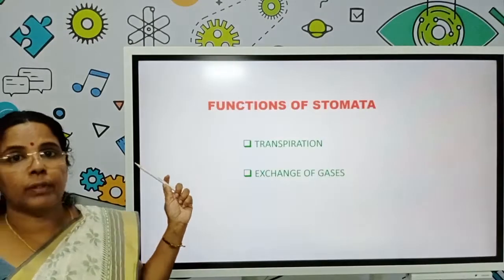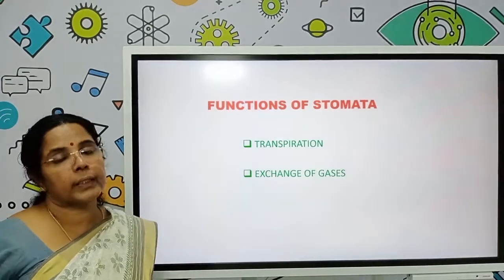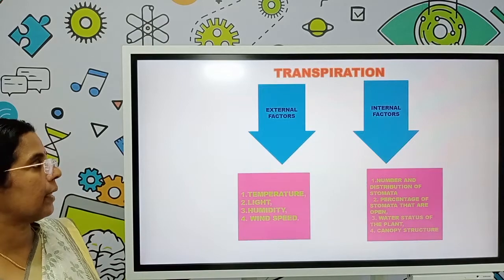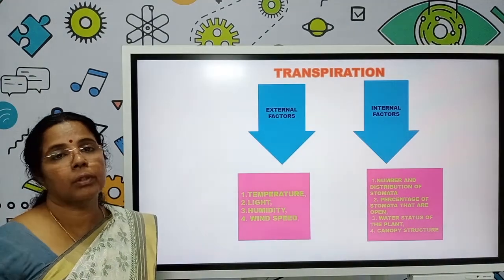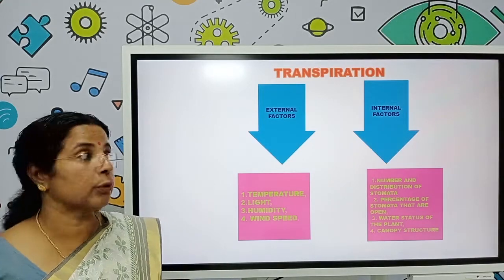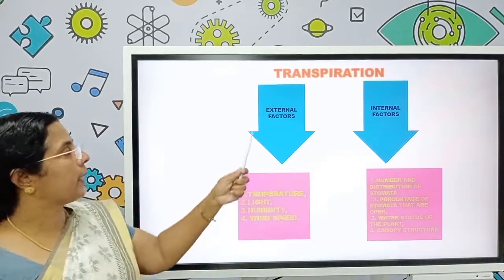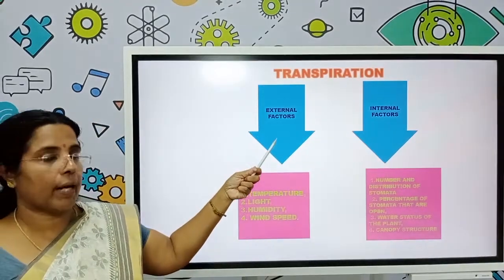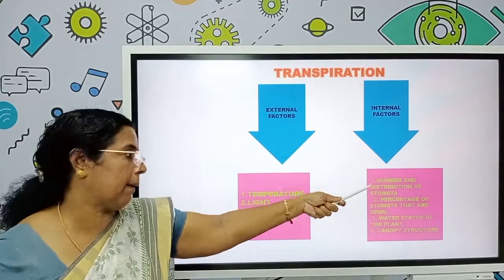Then the functions of stomata: stomata have two functions, one is transpiration, the other is exchange of gases. The factors that control transpiration we can group into two: external factors and internal factors. The external factors mean outside factors. The internal factors are factors seen inside the plant.